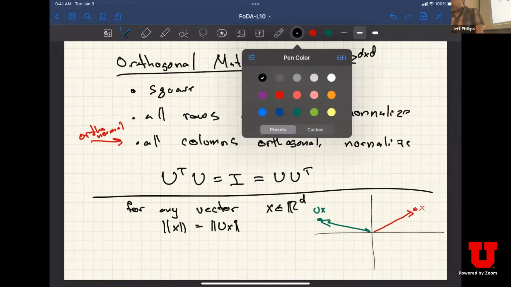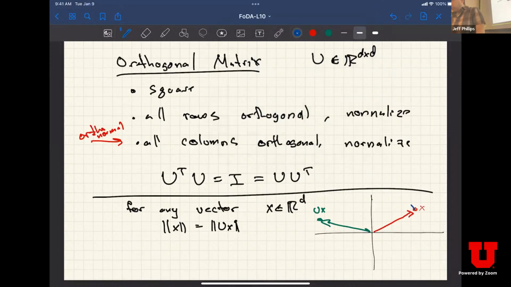It is useful to think about this as rotating. All the vectors that have the same length form a circle around the origin in 2 dimensions. In higher dimensions, it's like a sphere around the origin, a hypersphere. They all have the same length, and so I'm rotating this vector. In higher dimensions, it's a rotation, and you can also do some mirror flips. If I change a sign someplace, it becomes a mirror flip in addition to a rotation, but it's basically a rotation of the vectors in the space.